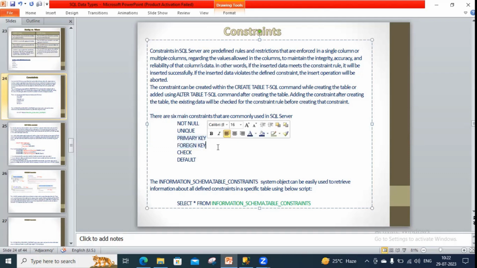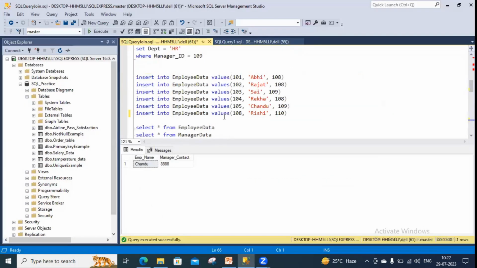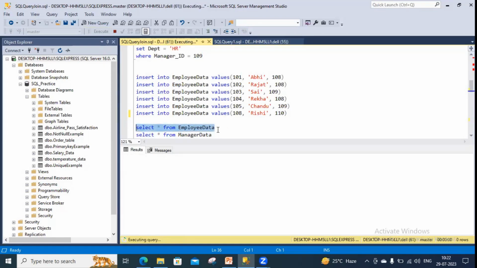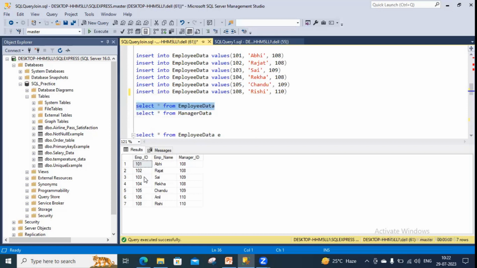Although in the last class we did not mention anything about primary key and foreign key, and while going through the examples we did not even create the table with primary key and foreign key, right? Because primary key and foreign key is not required when you know that you are inserting a unique value. If you see the last example, employee data and manager data, these are all unique only, there is no duplicacy, and manager also unique.